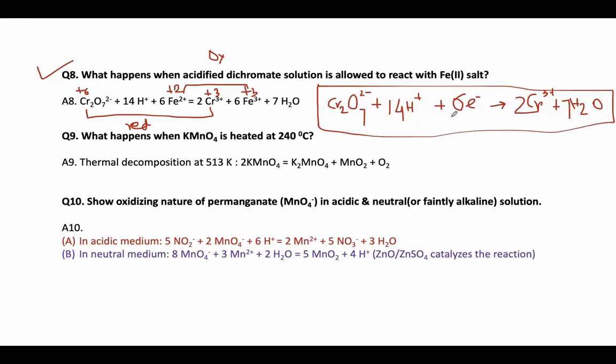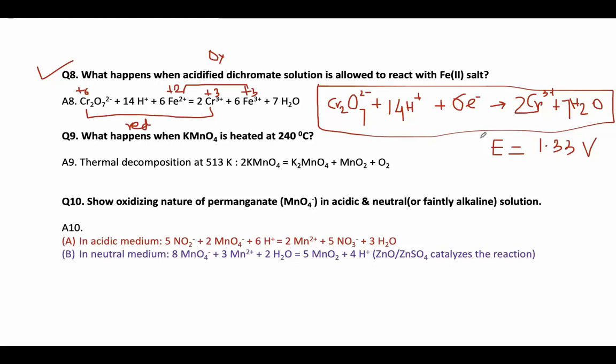Now the E0 value of this specific reaction is very high, which is 1.33 volt. That's why potassium dichromate is one of the very strong oxidizing agents.